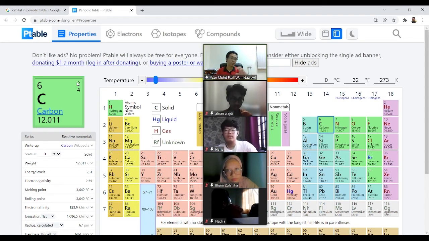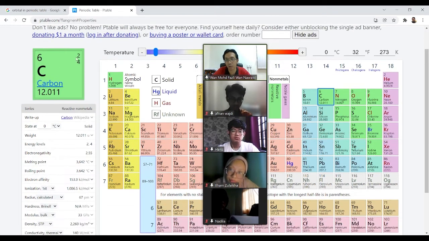The lowest energy is the s orbital. So the electron configuration for carbon is 2, 4, meaning the first 2 are in the s orbital, and the 4 are in the p orbital.